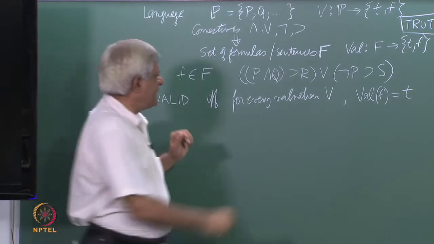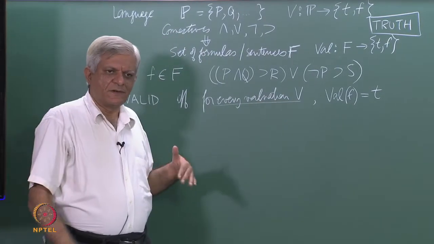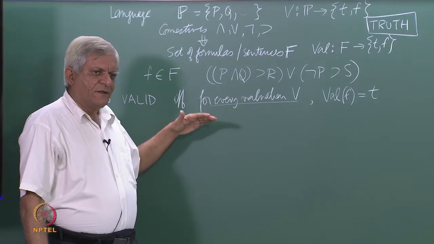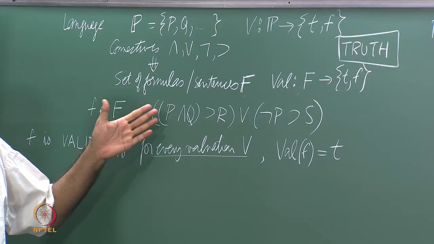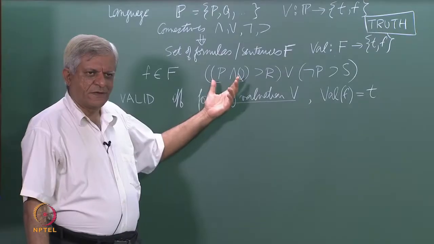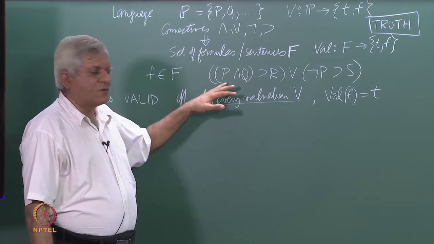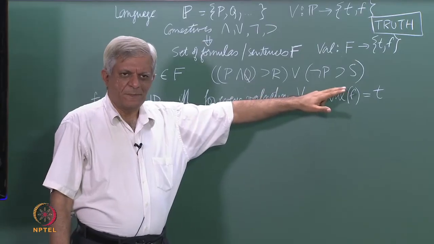When we say for every valuation V, essentially we are talking about the truth table for the formula. For this formula, for example, we can construct a truth table which will have 16 rows, because there are 4 atomic sentences, which means P can be true or false, Q can be true or false, R can be true or false, and S can be true or false.